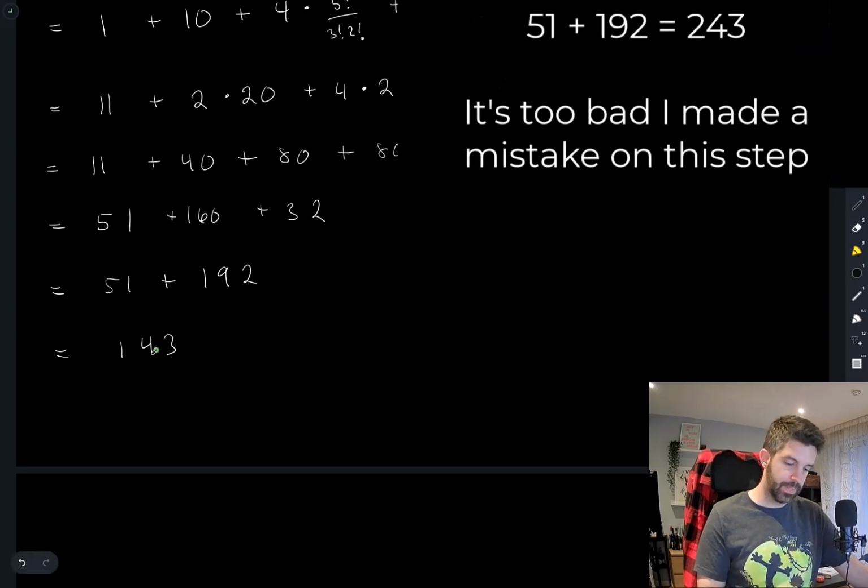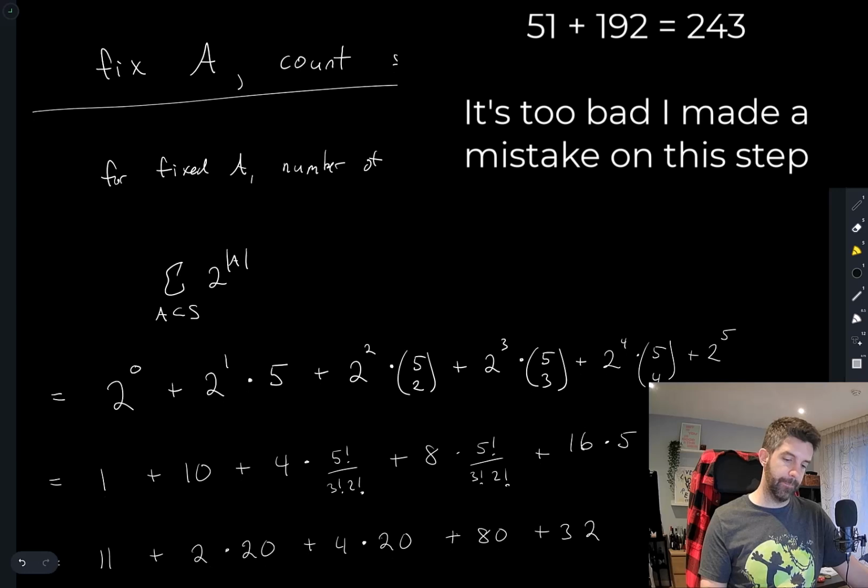So this is the number of ways of satisfying this where B is a subset of A.